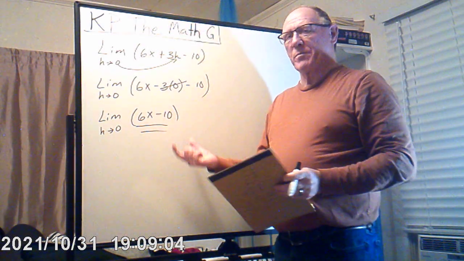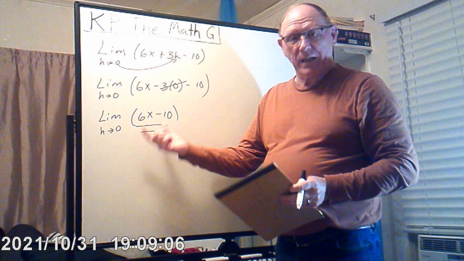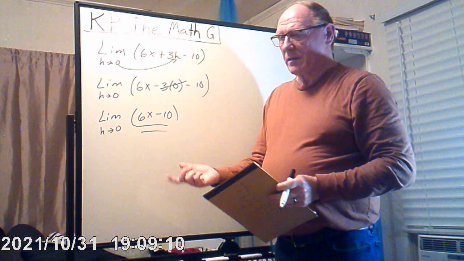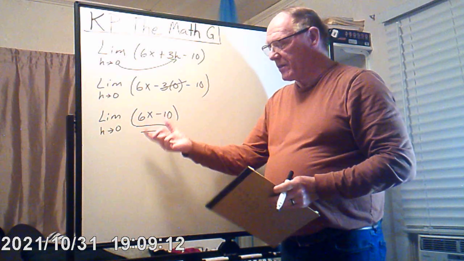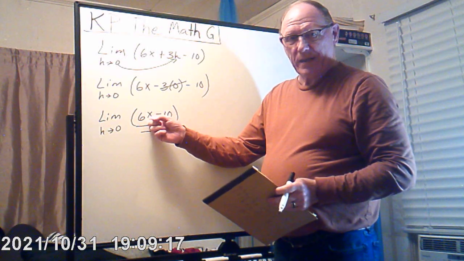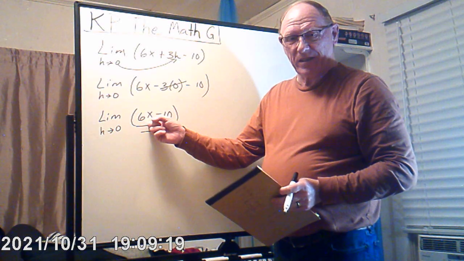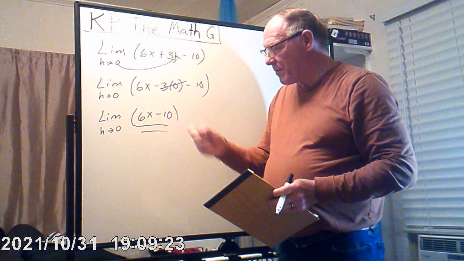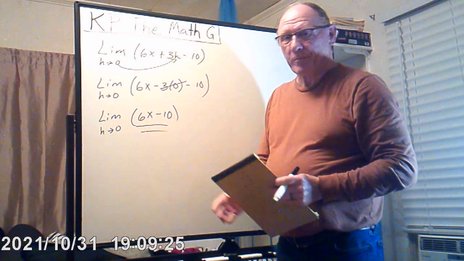This could represent the slope of a tangent line. This could represent instantaneous velocity, and if we wanted to make this x be t at 2 seconds, 6 times 2 is 12, 12 minus 10 is 2.